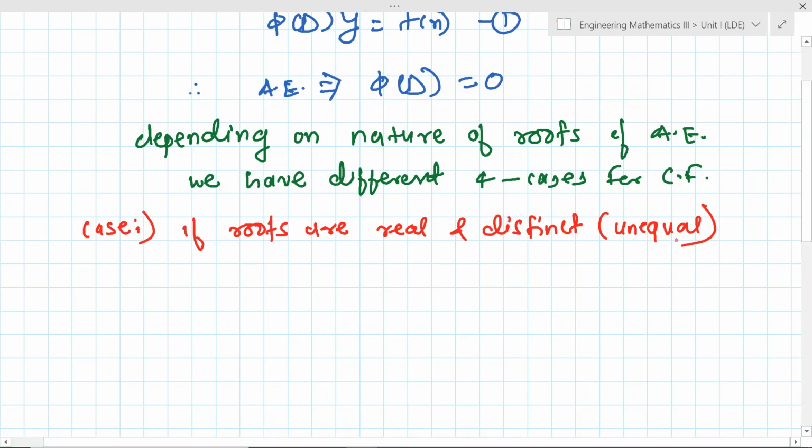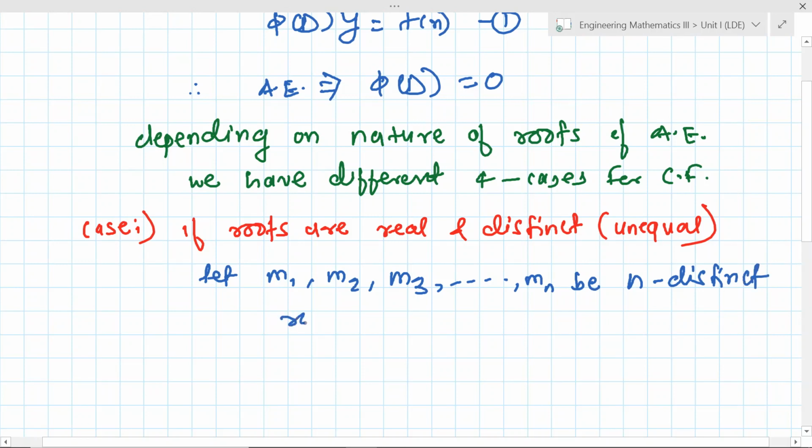Suppose we have n distinct roots. Let m1, m2, m3, and so on up to mn be n distinct roots of the auxiliary equation.